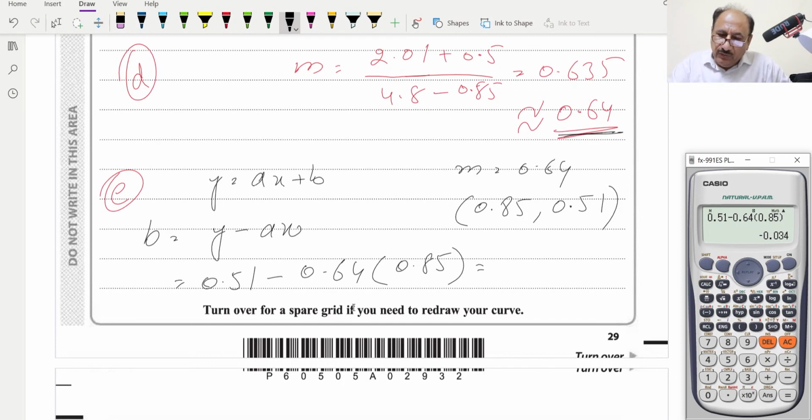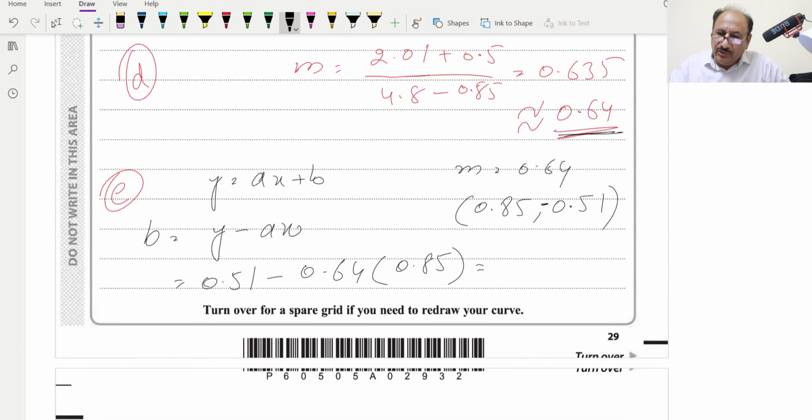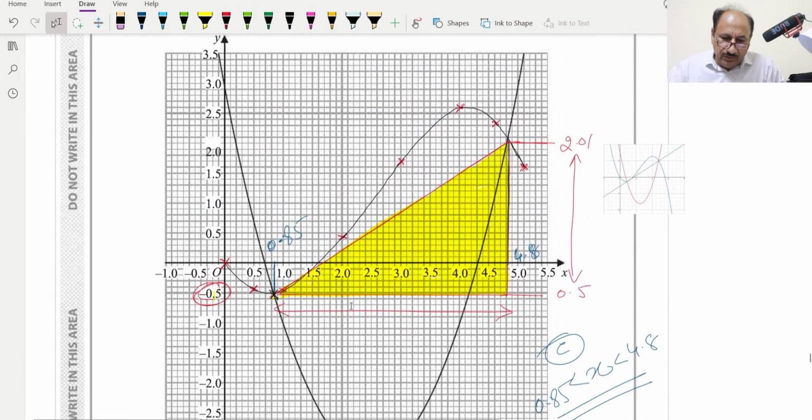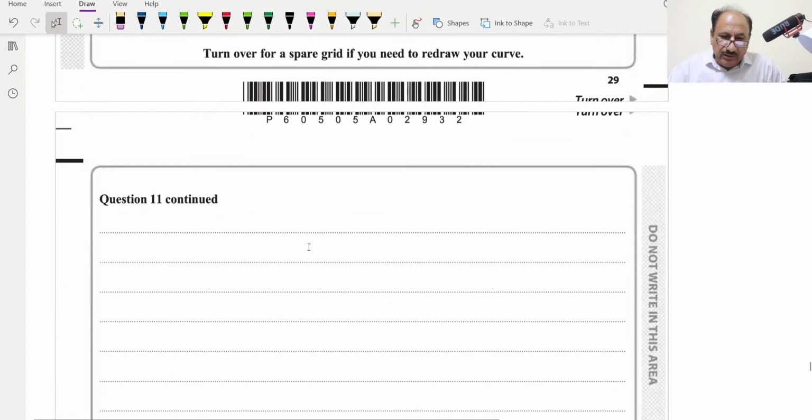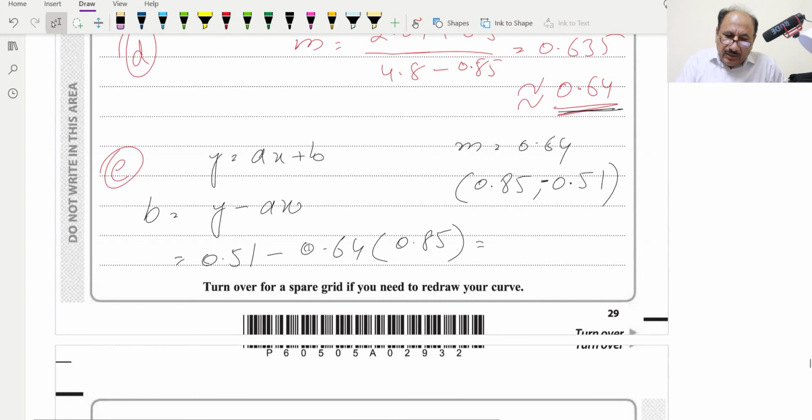The y value, instead of 0.51, it should be minus 0.51. If you check, this is a negative value for y, so we can write this with a minus.